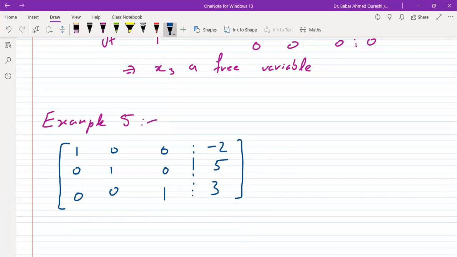Now think about it for a second and tell me what the solution is for x1, x2 and x3. x1 is equal to -2, x2 is equal to 5, x3 is equal to 3. Yeah, it's already written in front of you. Don't really need to do any work.